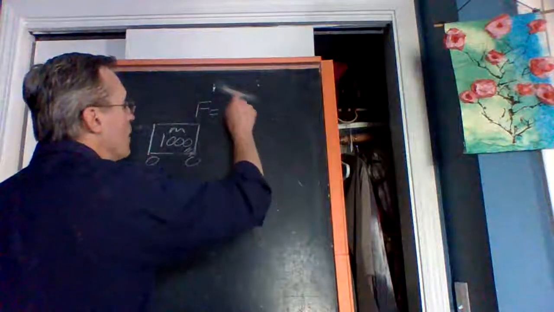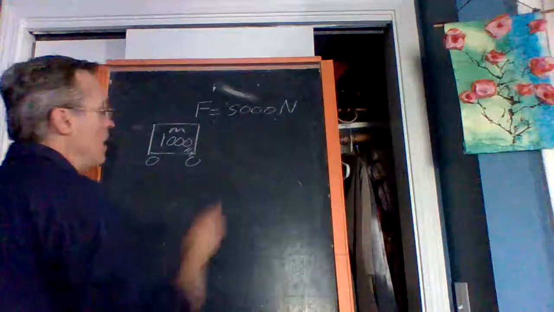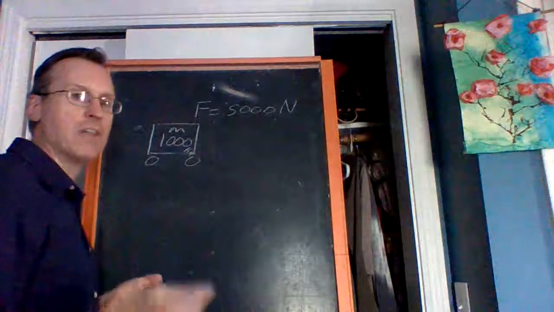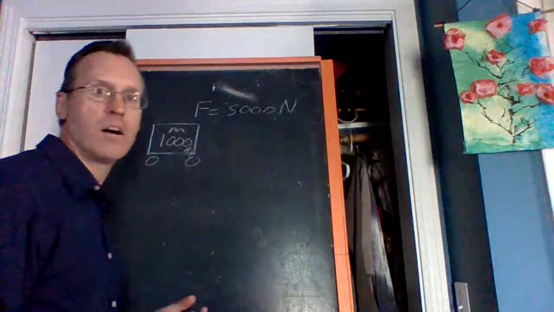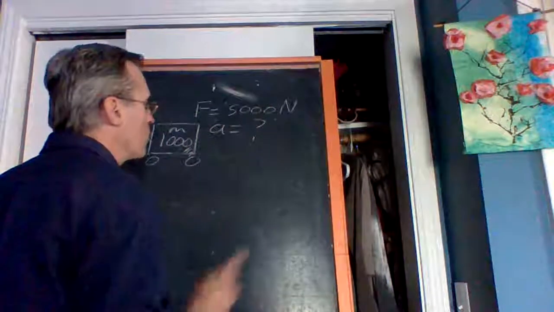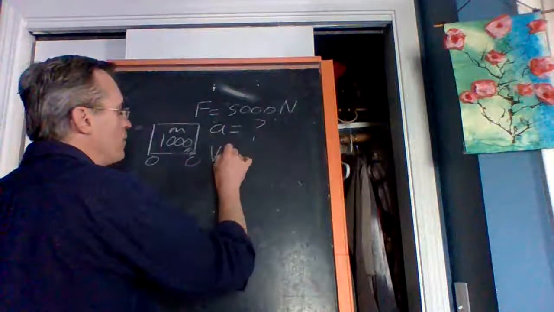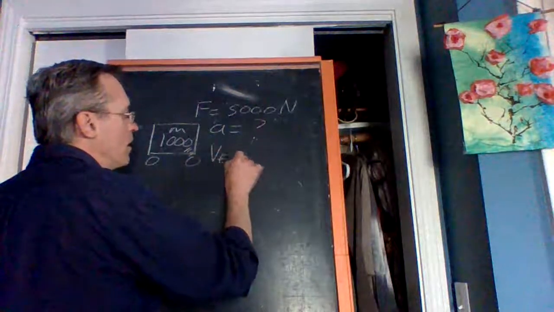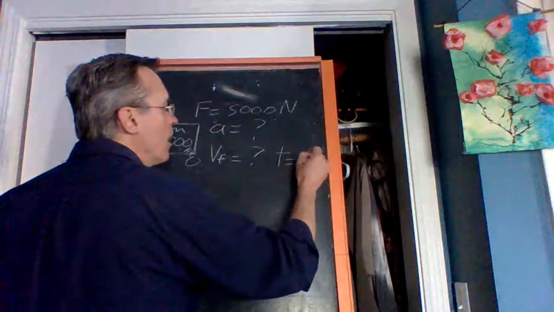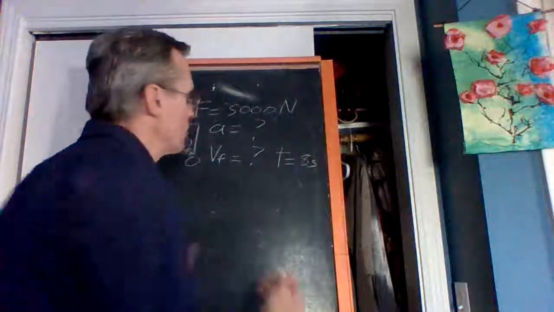What we want to know is how much that 5,000 Newton force is going to cause the car to accelerate. So what's the acceleration of the car? And then we're also going to ask how fast the car is going after a time of, let's say, 8 seconds. Let's see how this works.